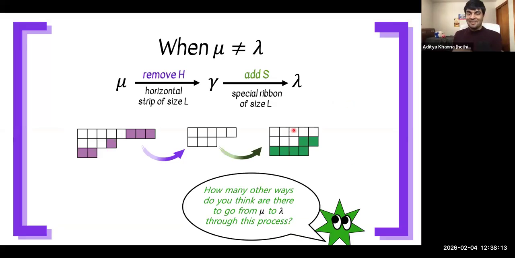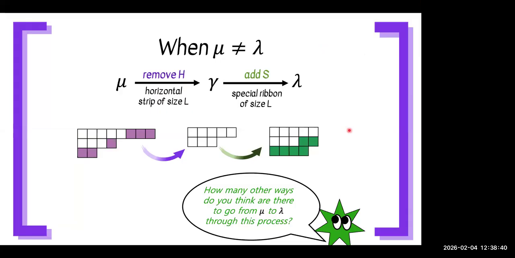Again, how many other ways do you think there are to go from this shape to this shape by using this removal and addition process? I don't expect you to know this because we proved this in the paper, but what do you guess? Is there going to be at most one special ribbon of a given size?